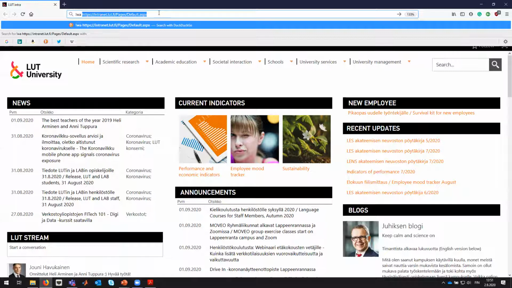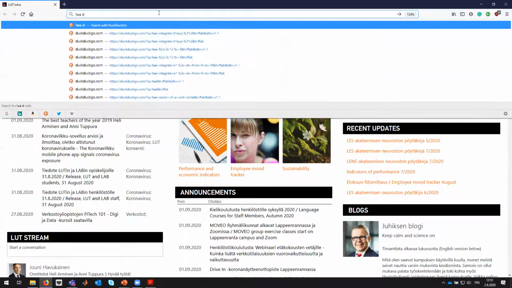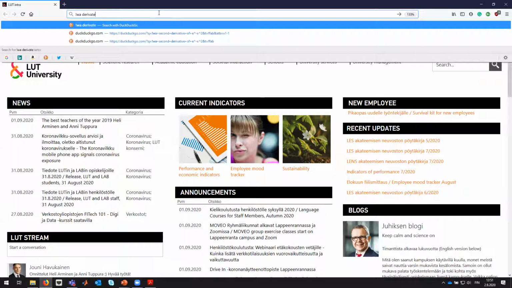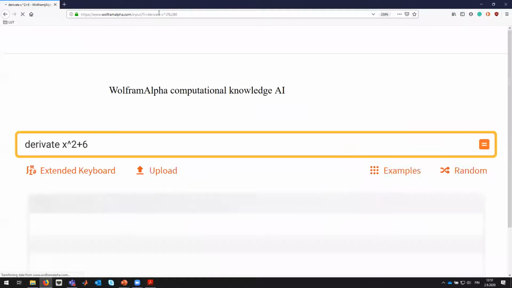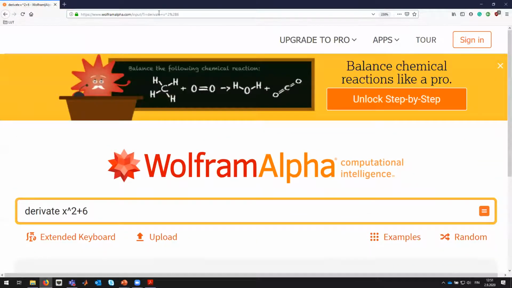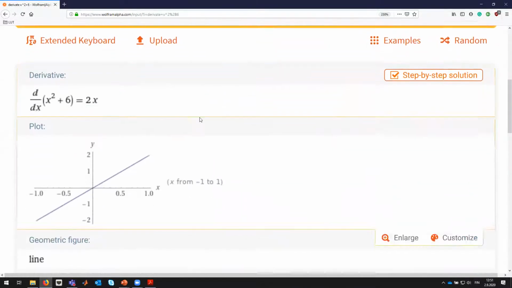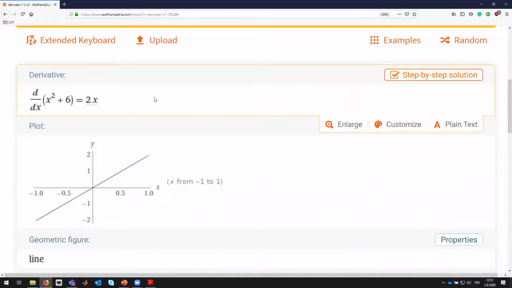So it does stuff with known statistics and things like that, but it can also do things like derivation. It's usually rather slow. Let's see if it understands what I'm asking it. Yeah, okay. d over dx of x squared plus 2 is 2x.